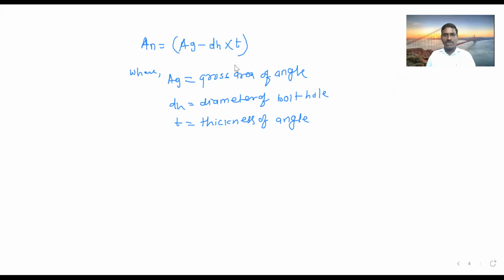Okay, so here one question I got in the chat box. What is meant by beta? So this beta and alpha are the factors required for calculation of this rupture strength. As I told you, alpha is the reduction factor.